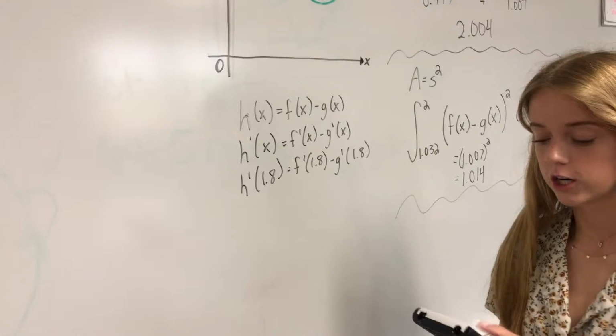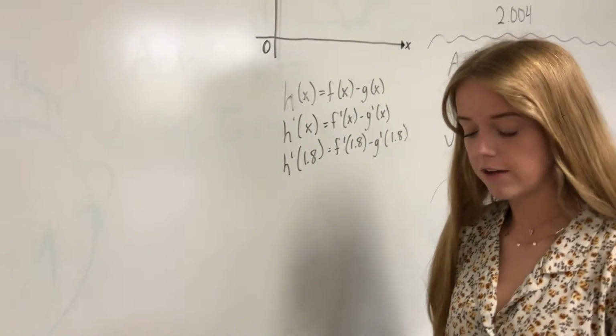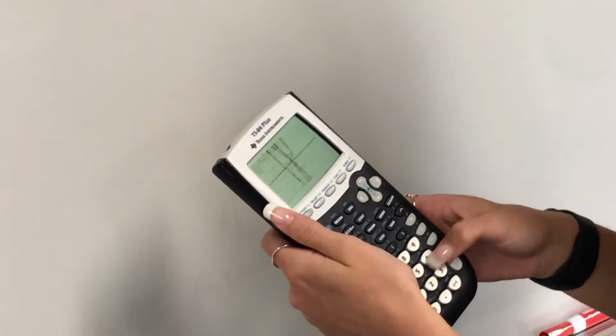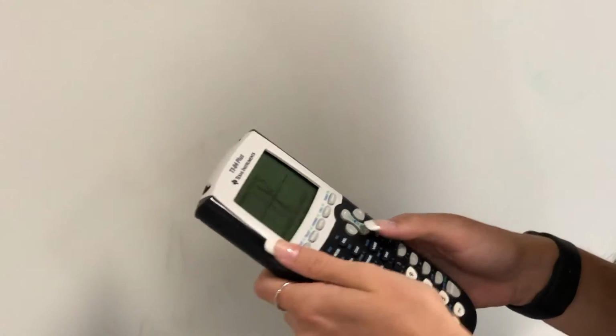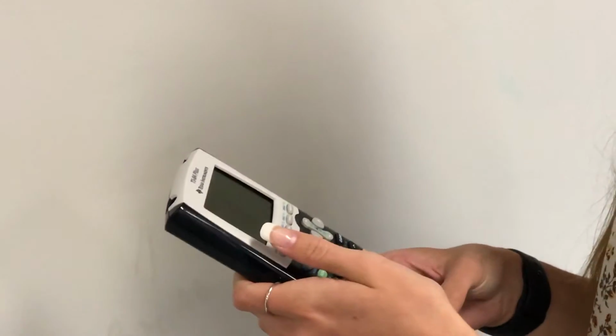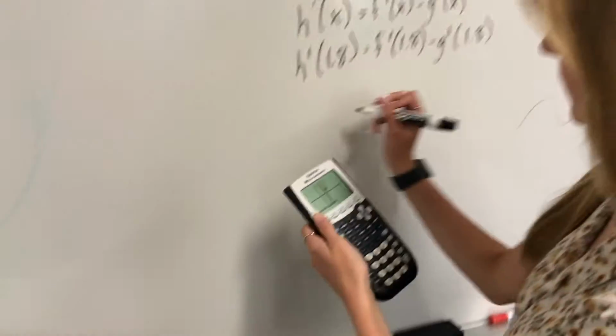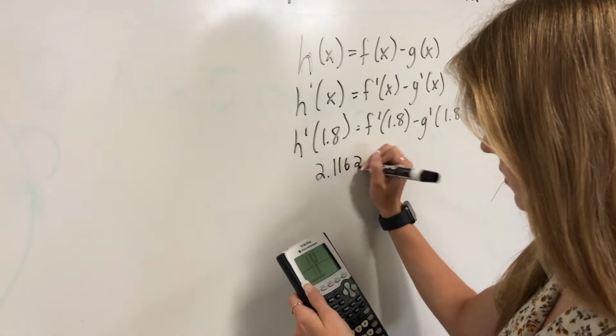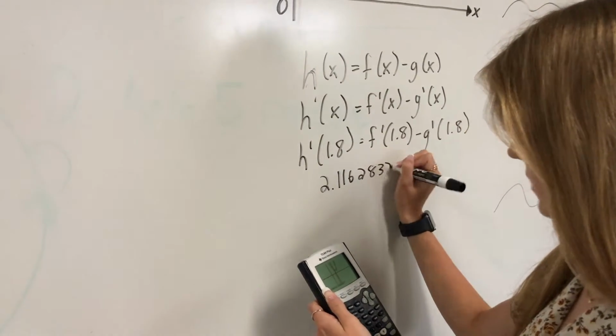Once you put in f of x and g of x, you're going to graph it. Then you're going to do second trace, then hit 6, and enter in 1.8, enter, and you get 2.1162837.